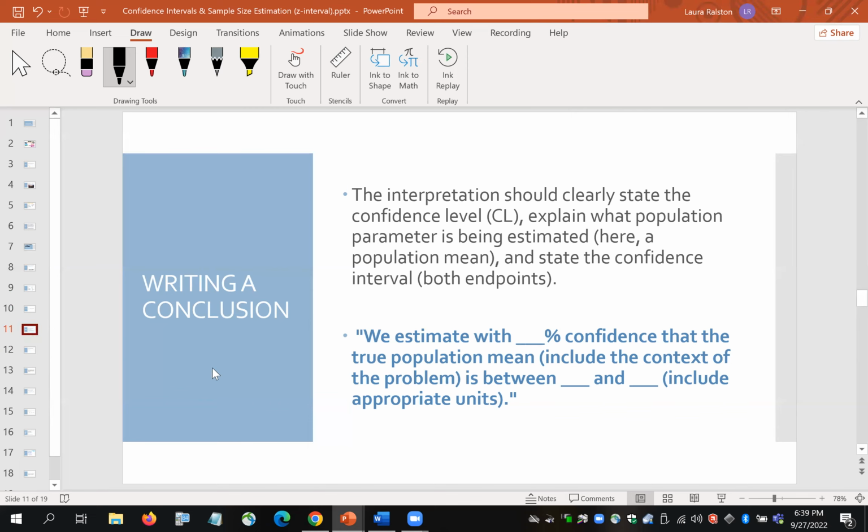I hope that you're making notes, because mini project number 2 has you calculate and interpret confidence intervals. So this is what mini project 2 is going to cover.